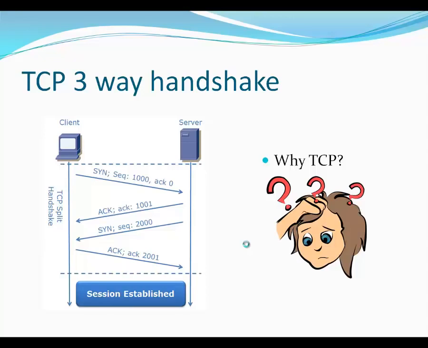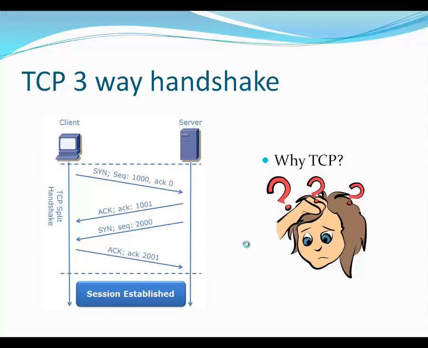Video streaming, right? But if a major chunk of data packets is lost, or if you're trying to download a file and one packet is lost, the file may get corrupted. That's why TCP is chosen over UDP. If you want to read more about TCP and UDP, always Google the differences between TCP and UDP. You'll find so many.